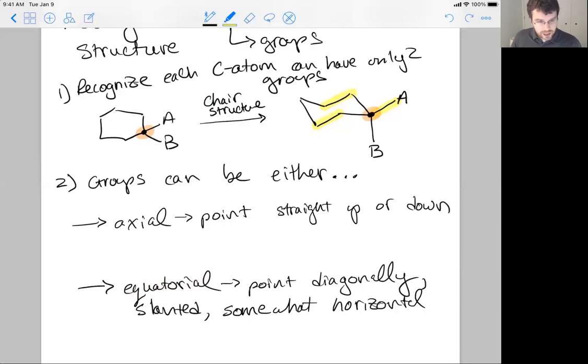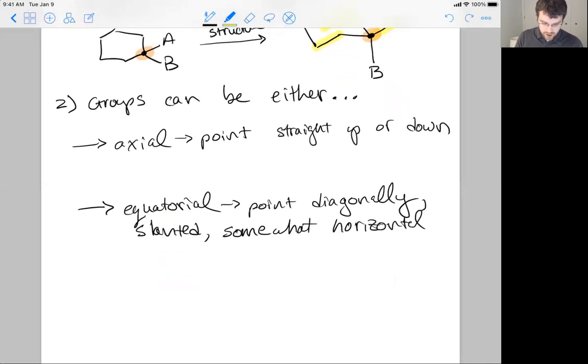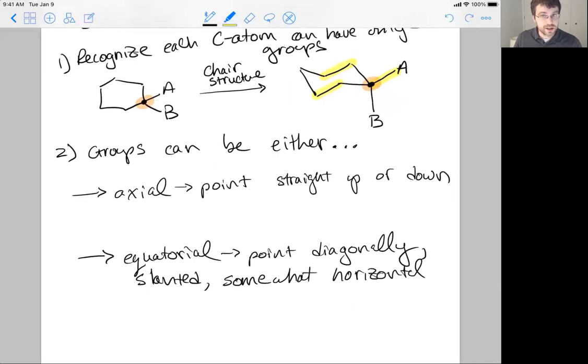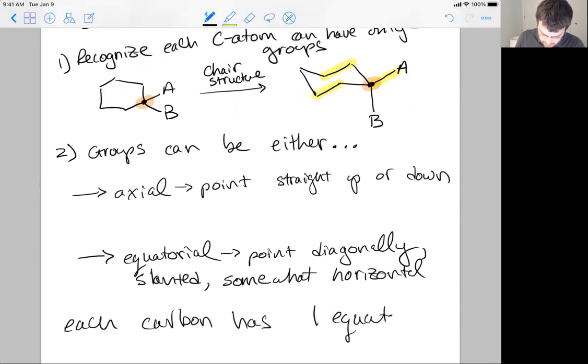So what we need to recognize is that there are 6 atoms in our ring, and we need to be able to draw 2 substituents, 1 axial and 1 equatorial per carbon. So each carbon has 1 equatorial and 1 axial group.